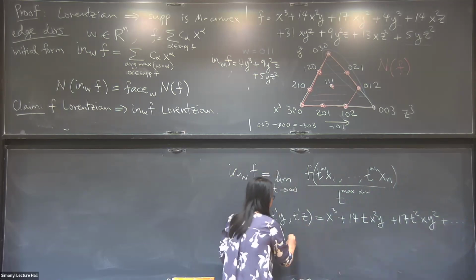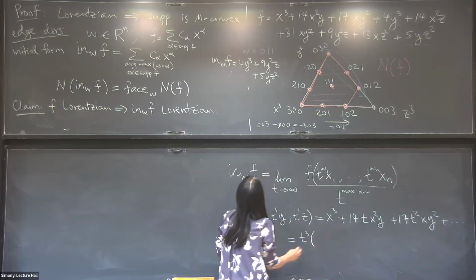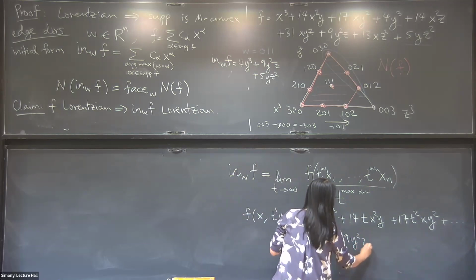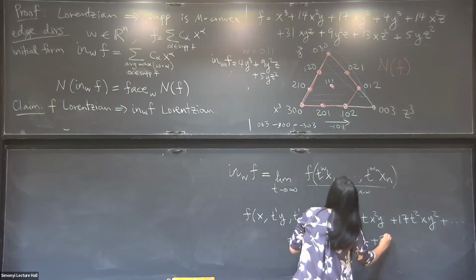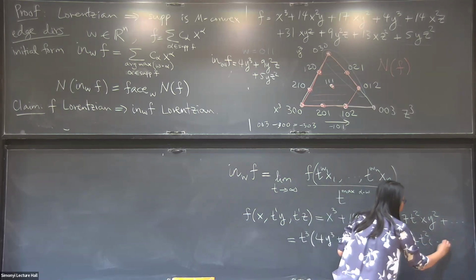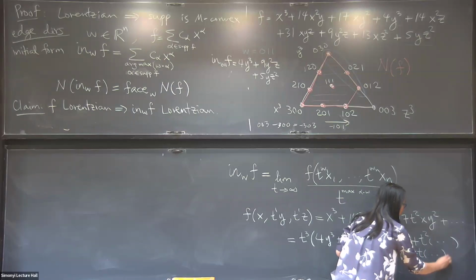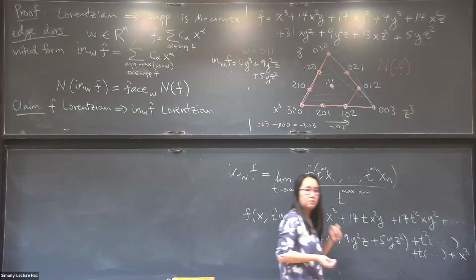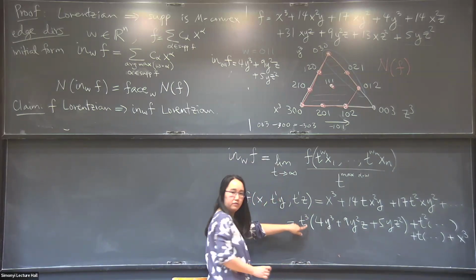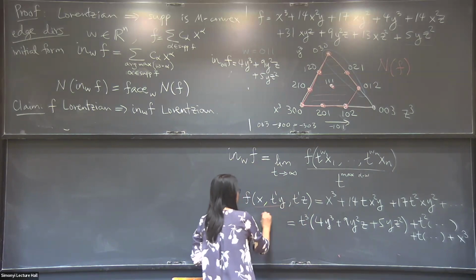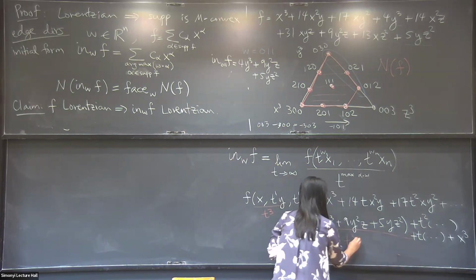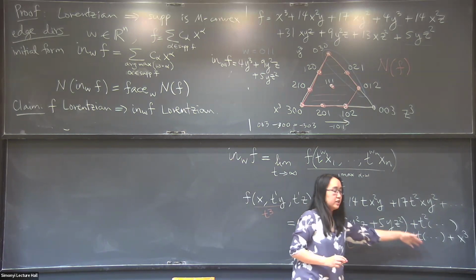So if I collect it according to the T, I end up with T cubed times 4X cubed plus the one that doesn't have an X, which comes with the T cubed. And then I have T squared times something plus T times something, and then without T, just X. So if I do that substitution, now I divide by T cubed to get rid of this, and then this thing goes away and T is in the denominator.